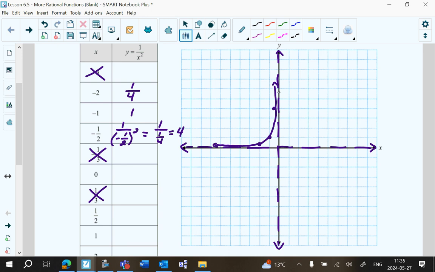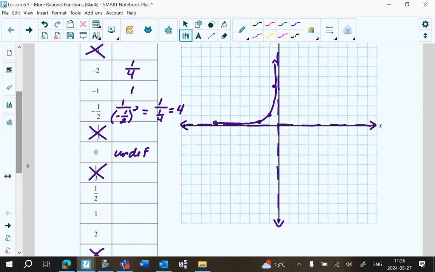Remember, 1 divided by 0 squared is undefined, which means we skip over the graph there, because there's no point on the graph there. Well, 1 over a half squared will be the same as this, because a half squared is a quarter. 1 divided by a quarter is 4. So 1/2 is going to be 4.